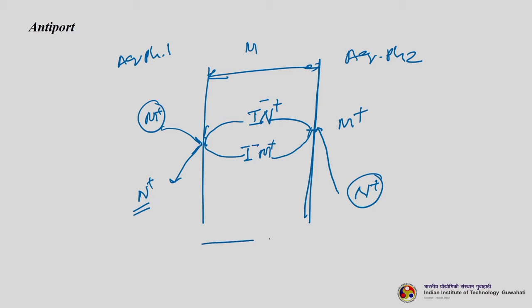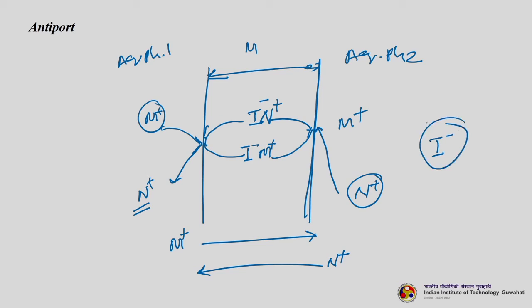So, here M plus is moving in this direction, whereas N plus is moving in this direction. Please try to remember that they are binding to one particular type of negatively charged carrier molecule.